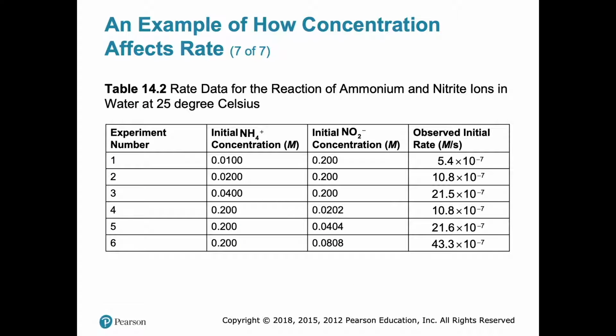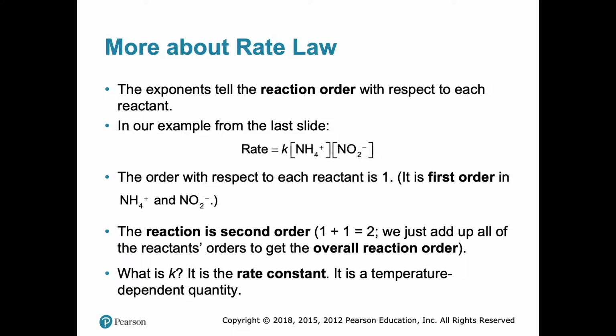So looking at the same data again, let's talk a little bit more about the rate law. When we look at this reaction overall, we knew from the previous slide that the rate with respect to the ammonia concentration is order 1, and the rate with respect to the nitrite concentration is also order 1.